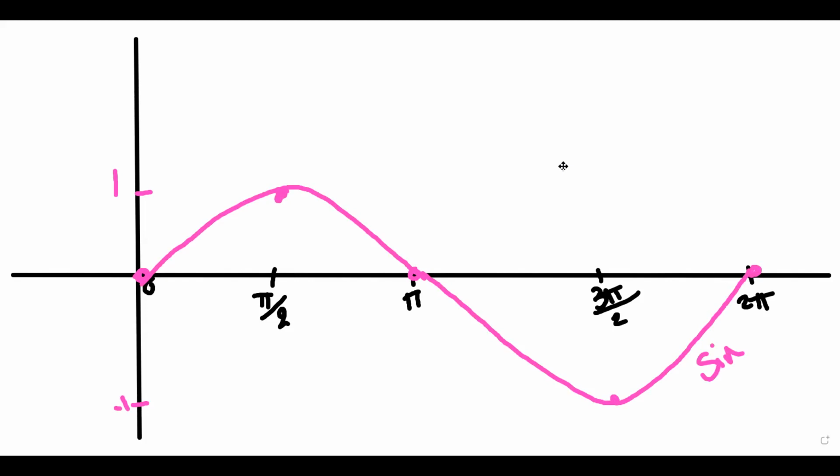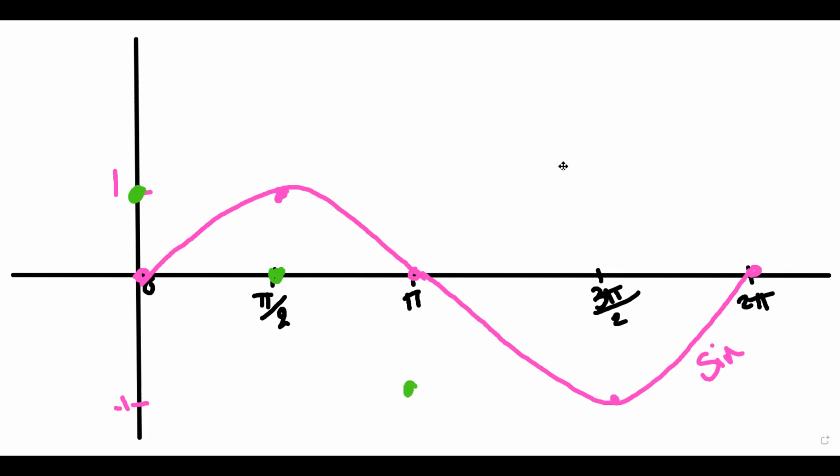Now, let's make it for the cosine. The cosine of 0? It's 1. Bravo. Cosine of pi over 2? 0. Cosine of pi? -1. Bravo.